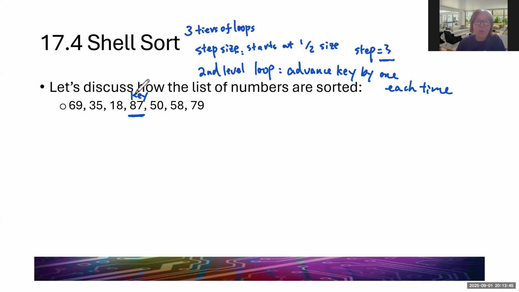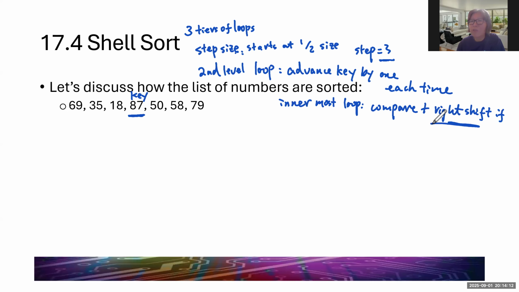So we start at 87, and when you do the comparison, the innermost loop compares and right shifts if it is necessary. When we compare the predecessor, it is determined by the step size.